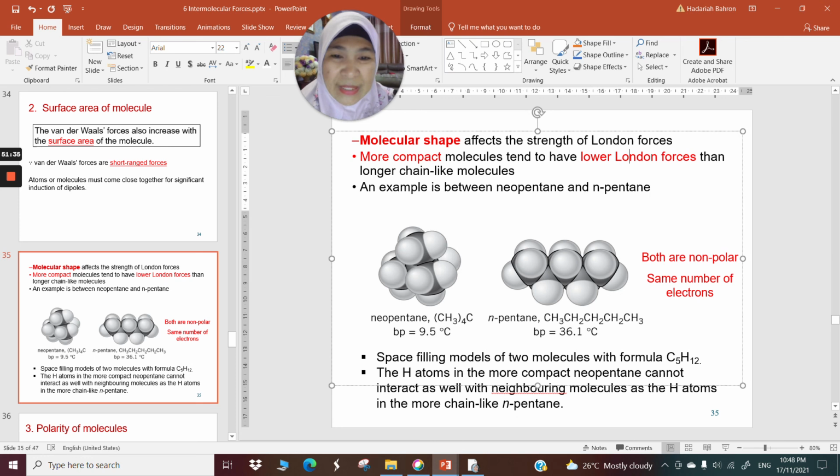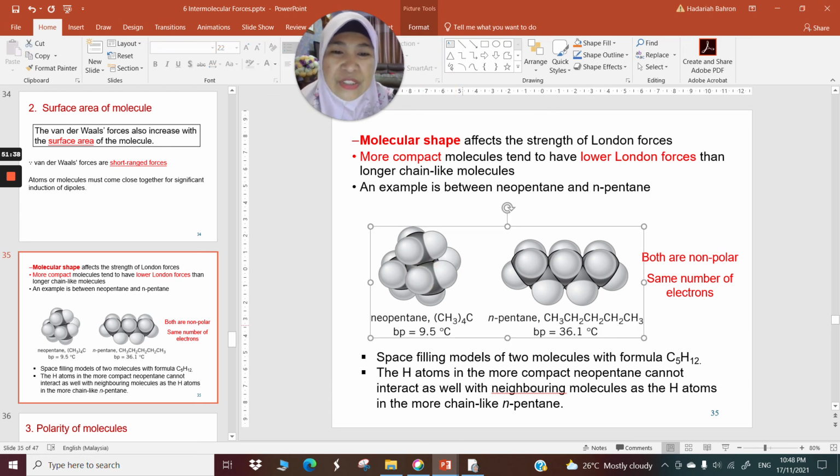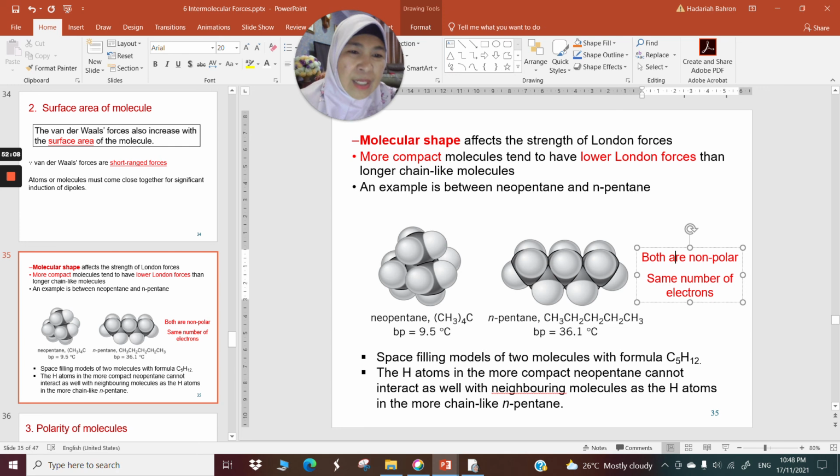When you compare neopentane, which is C(CH3)4, and n-pentane, you have the same number of carbons. You have 5 carbons and 12 hydrogens. The formula is the same. One is neopentane, which is clumped together, and the other is n-pentane, which is a long chain of carbon. Both are non-polar and have the same number of electrons.